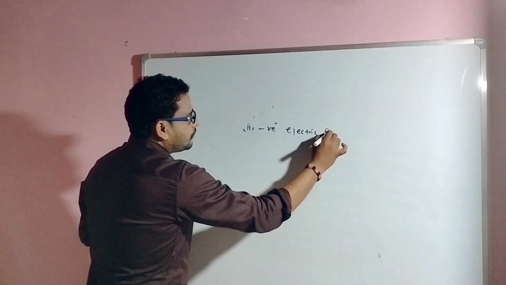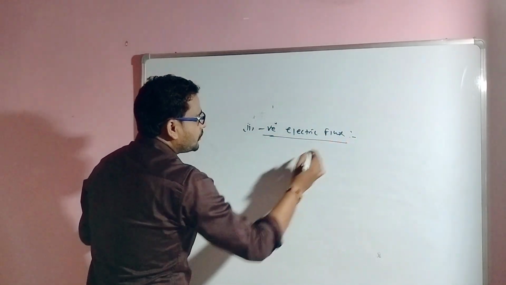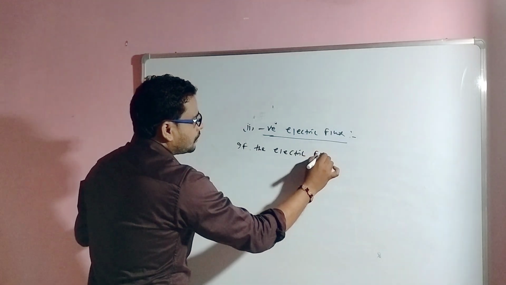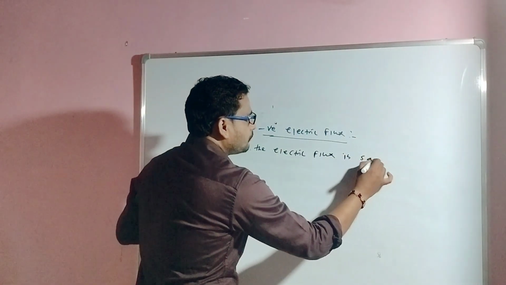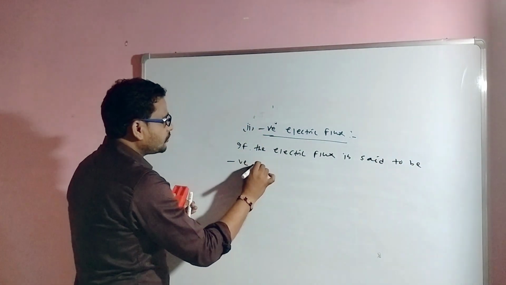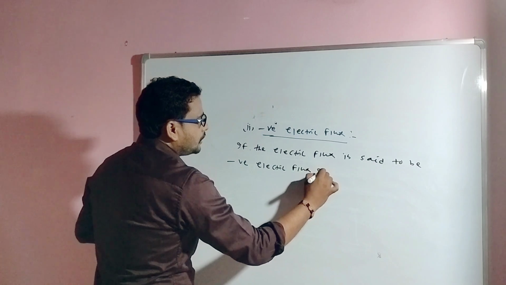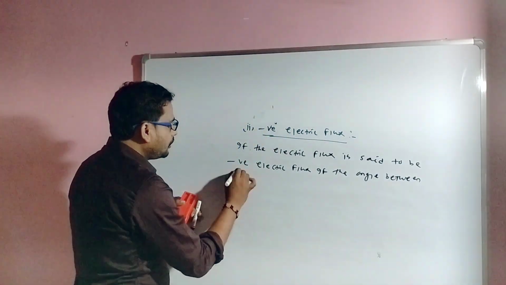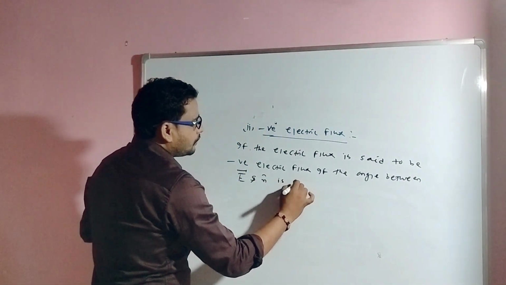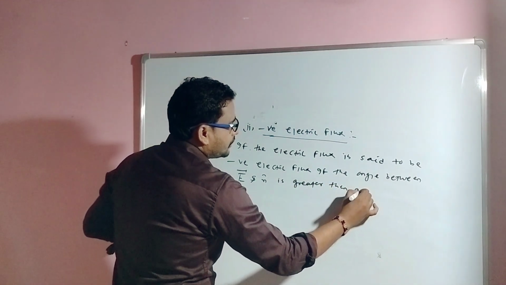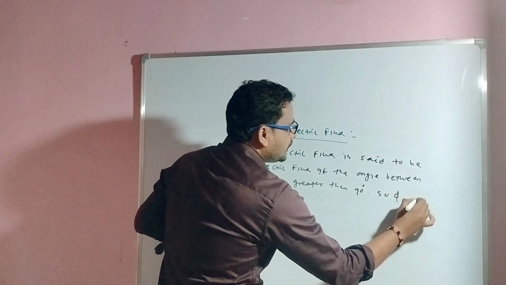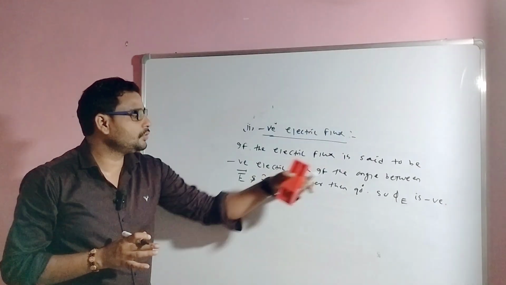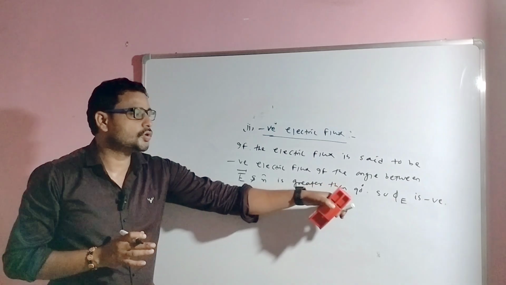The definition of negative: electric flux is said to be negative electric flux if the angle between E vector and n cap is greater than 90 degree, so phi is negative.